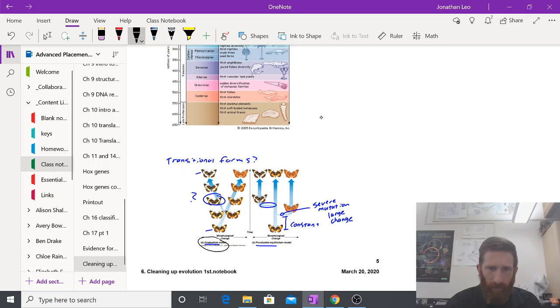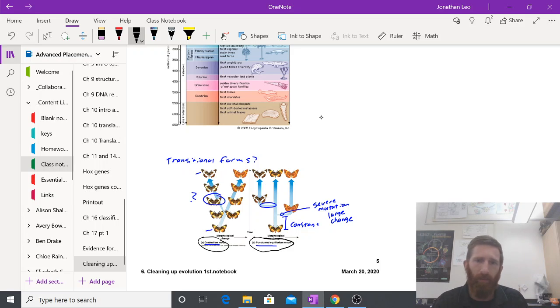All right, so someone came up, I'm not exactly sure who, with this idea of punctuated equilibrium. So equilibrium, things are in balance, things are the same, right? So they're saying that for the history of life on Earth, most of the time things are in balance and things are the same. But then, bam, there's a catastrophic meteor impact or global shifts, there's massive changes, and that stresses out populations.